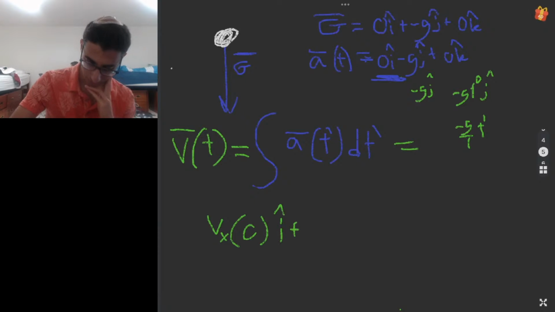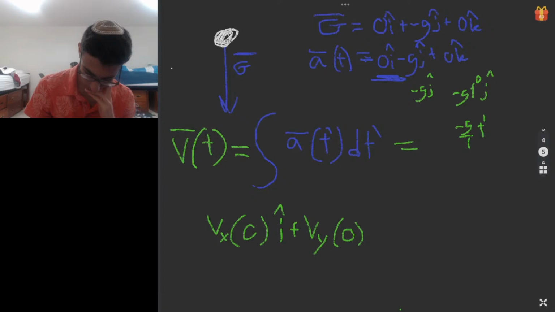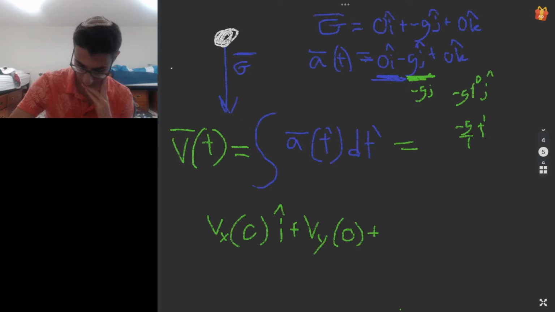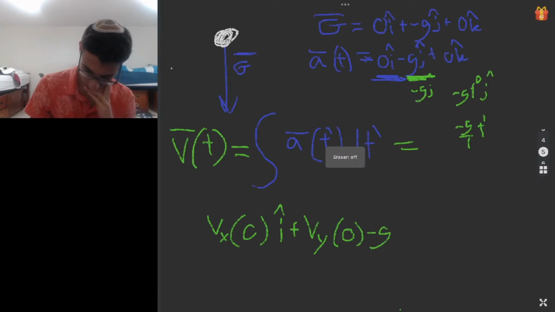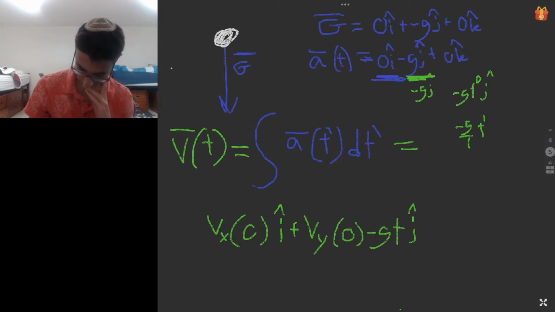Plus, we want the constant of the j term, which was v sub y at time 0, plus now we want the antiderivative of this, which we found to be negative gt. So plus negative gt, which is just minus gt, and this will have a j hat. Excuse me, this will have a j hat.